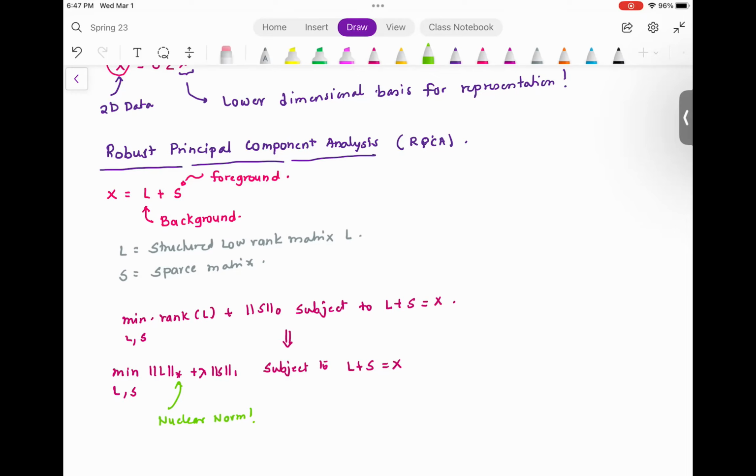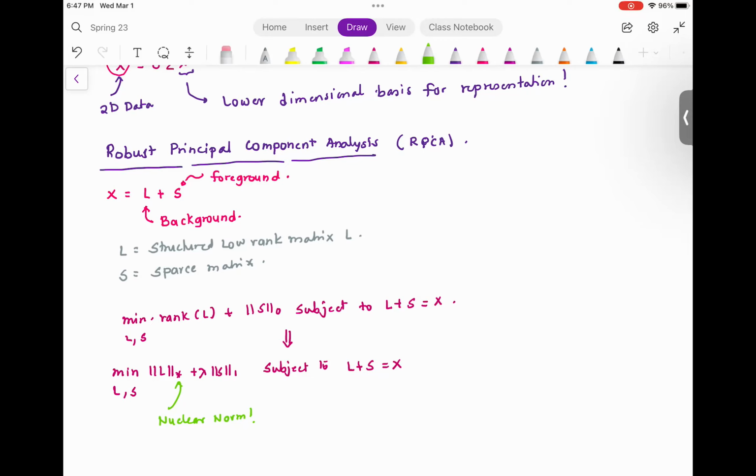What this means is if I were to write the MATLAB code to solve this problem, it will take an infinite amount of time to find the values of L and S. That is what it means when it is a computationally hard problem.